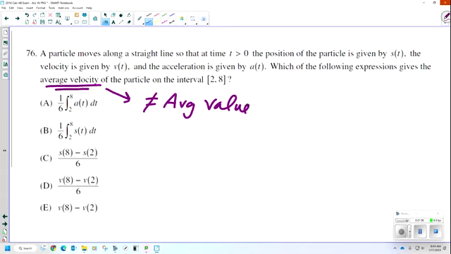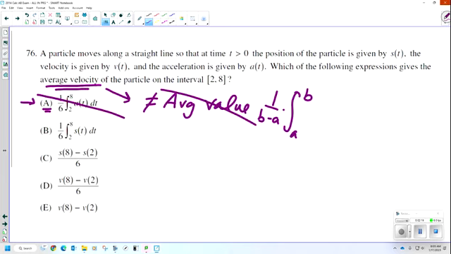Remember, if I want the average value, I integrate for my bounds from A to B, and I multiply by 1 over the difference. And look what choice A is. It's just that. I almost wanted to circle choice A, but we're not talking average value, so I don't want that. I want the average velocity.